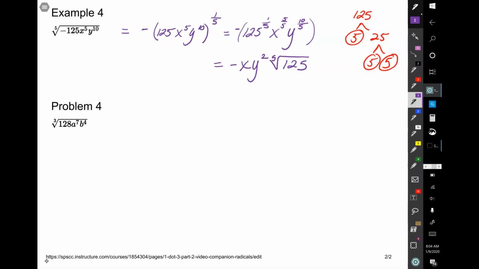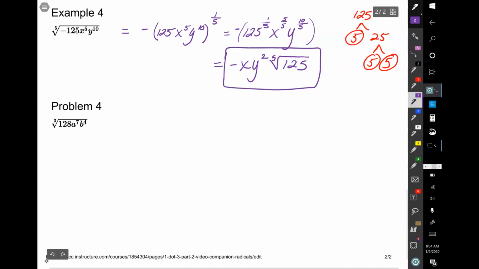So here we have, for our final answer, negative x y squared times 5th root of 125. So again, try stopping the video, and then I will write out the steps for problem 4.